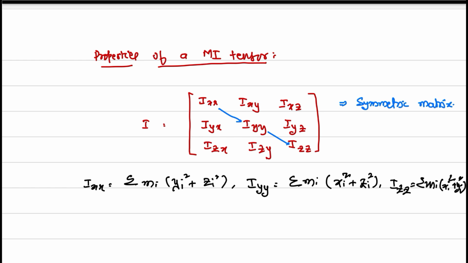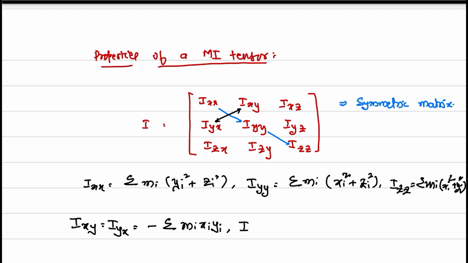Now, what is Ixy? Because of the symmetry, Ixy and Iyx are same. Iyx is equal to minus sigma mi xi yi. This Ixy Iyx is over.